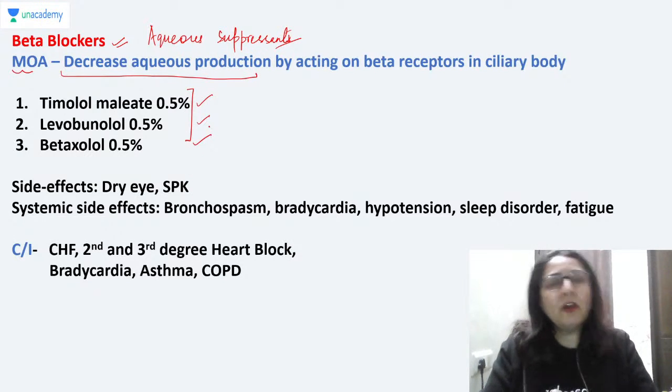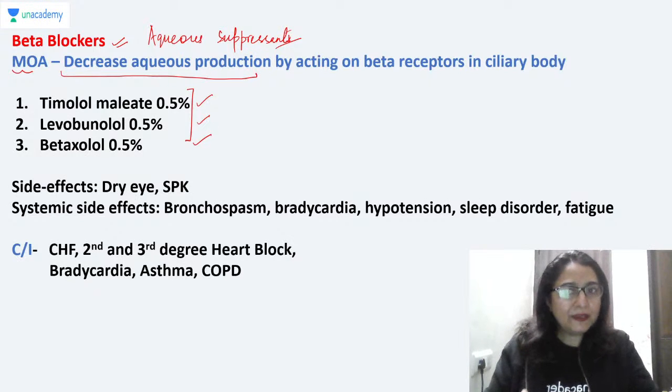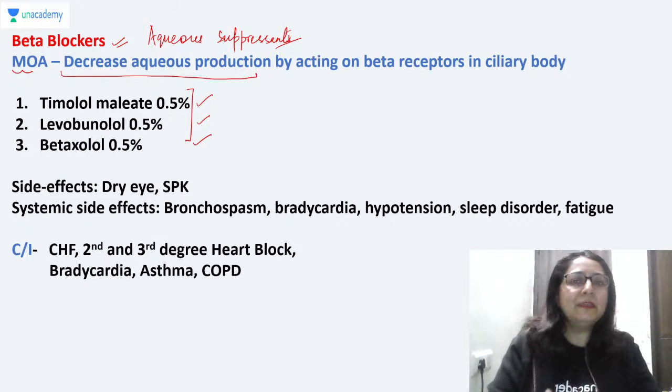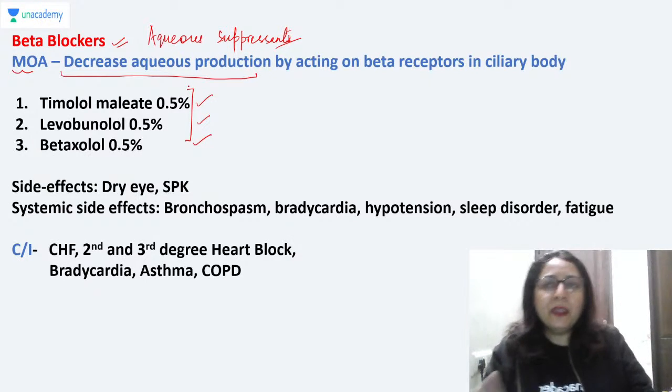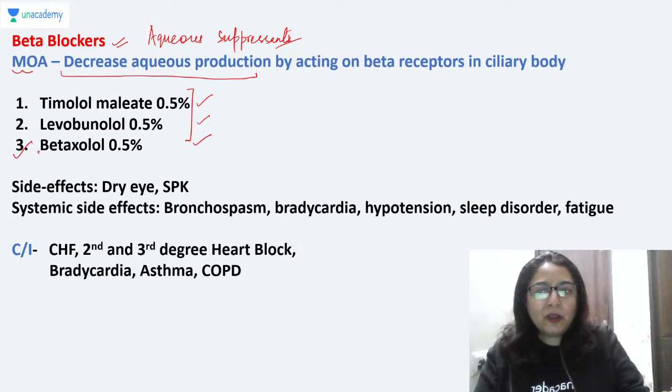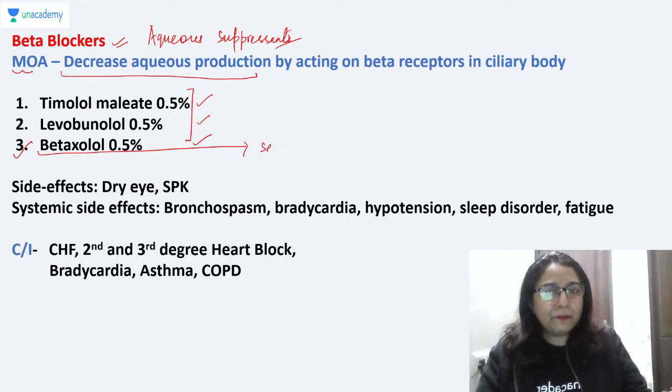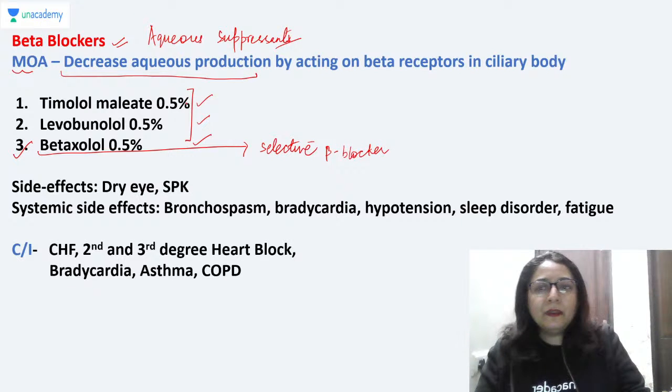Beta blockers can be non-selective or selective. Out of these three which are used in the eye, betaxolol is the selective one. It is a cardioselective beta blocker, whereas timolol and levobunolol are non-selective.